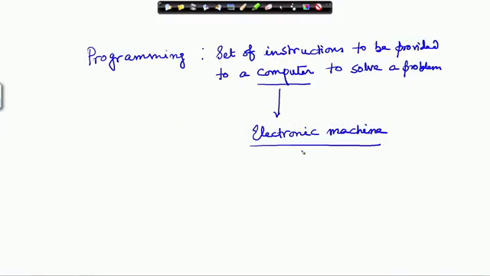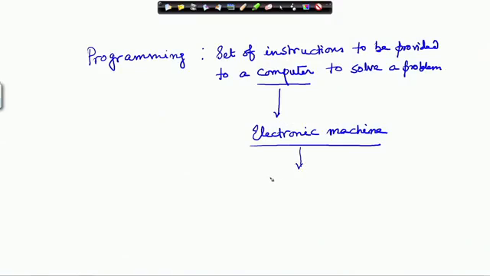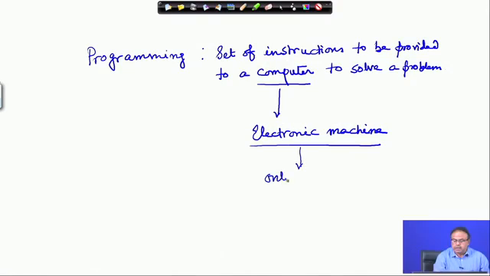An electronic machine is made of switches. Since it is made of switches, it understands only zeros and ones. So, whatever I say, get number.